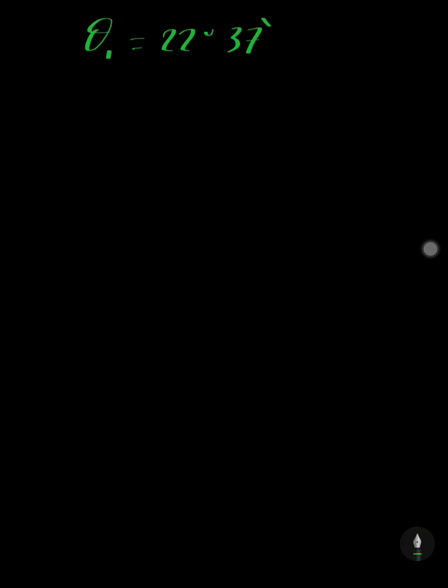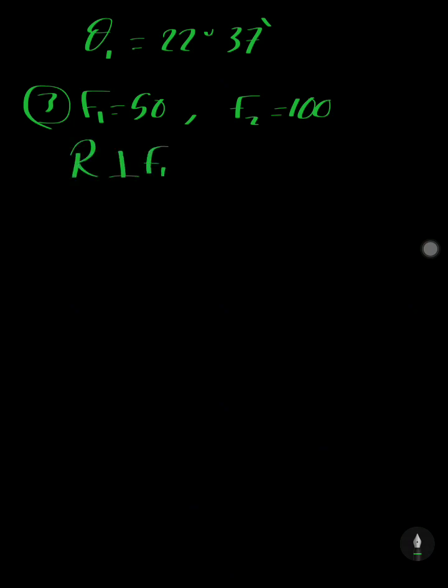Another example. We have two forces of magnitudes 50 Newton and 100 Newton. F1 equals 50, F2 equals 100. The two forces act at a point. Their resultant is perpendicular to the first force.